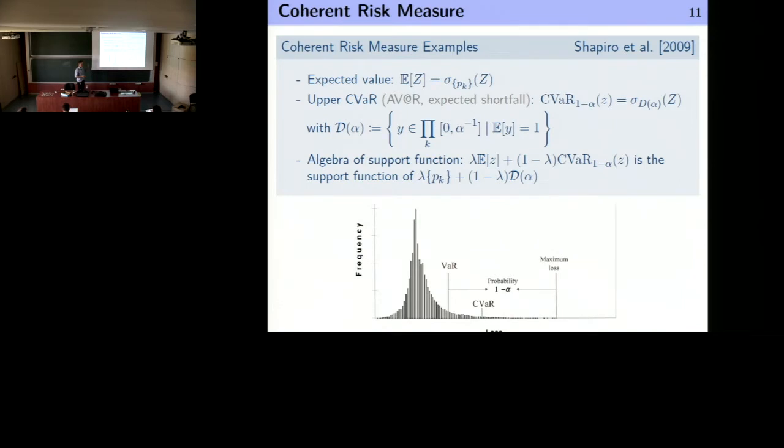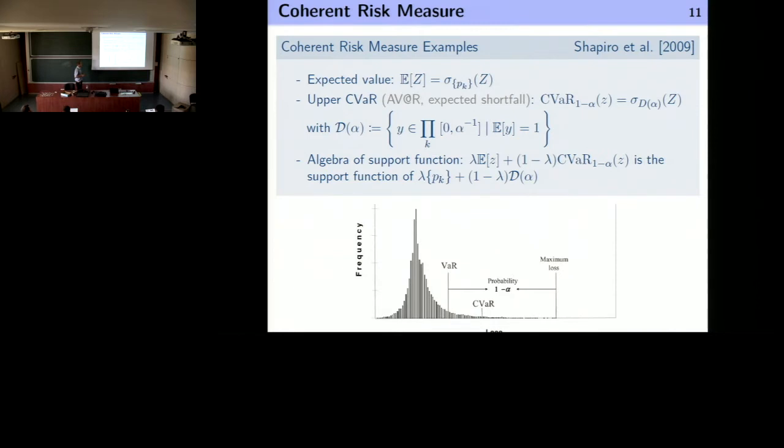More interesting maybe for people in this audience, you have the coherent risk measures, which can be seen as optimal value functions. When you have to deal with uncertainty, you need to encode your behavior with respect to uncertainty. And the most common tool that people use is the expectation value. That means that you are risk neutral.